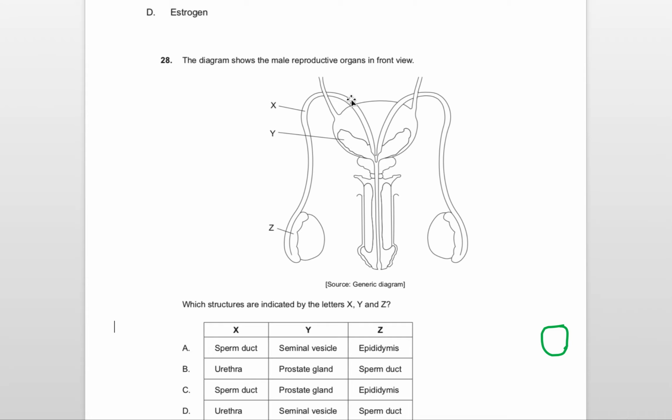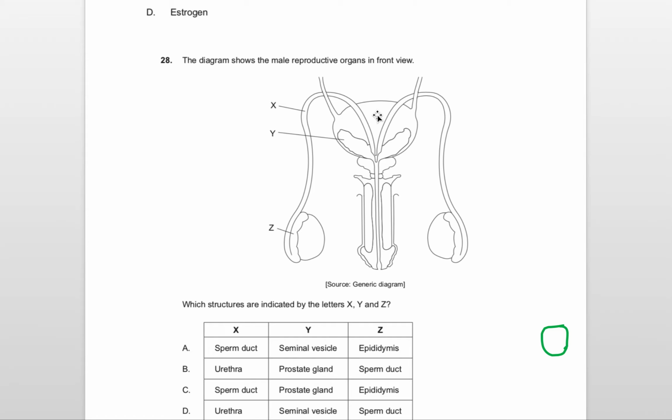But before it does that, the sperm is going to mix with other things that are made in Y and also made here. These 2 things make products that will mix with the sperm to produce something called semen, because sperm alone is not semen. It will make a lot of other things that will mix with it and eventually make semen. Also, this big part right here is the bladder.